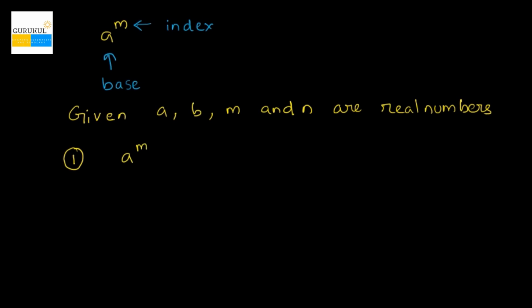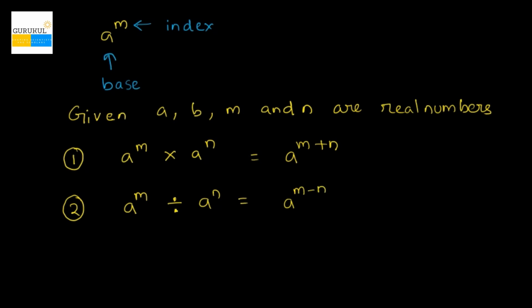I am stating down the rules. If I say a raised to the power m times a raised to the power n, it is the multiplication of two terms in index form, some number raised to a power. This results in a raised to the power m plus n. Similarly, the second law states a raised to the power m divided by a raised to the power n is equal to a raised to the power m minus n.